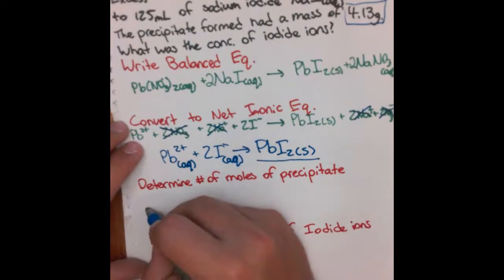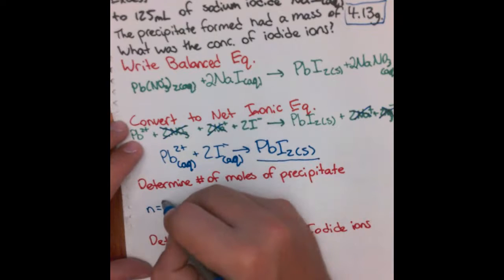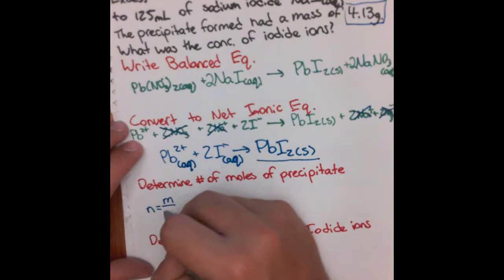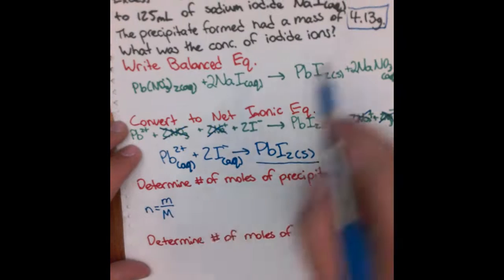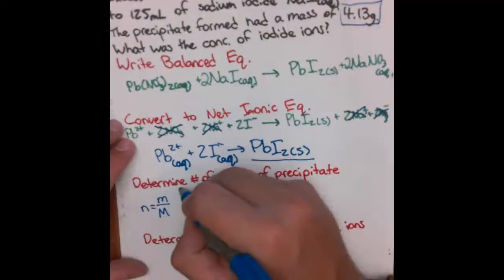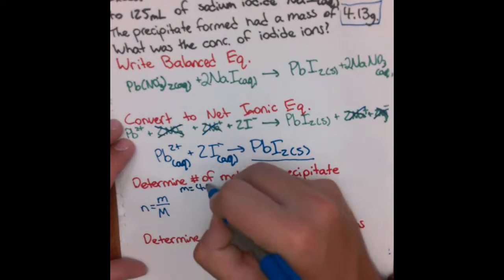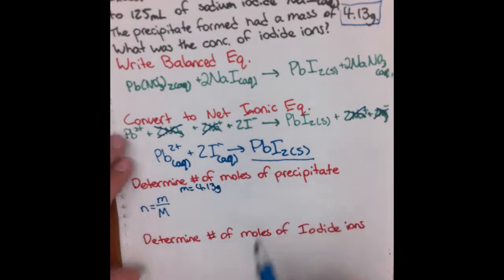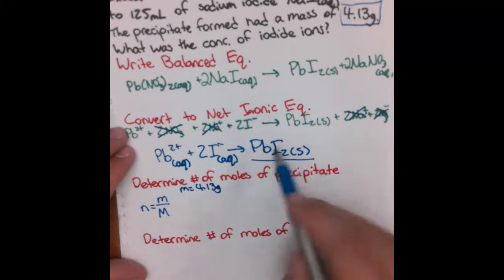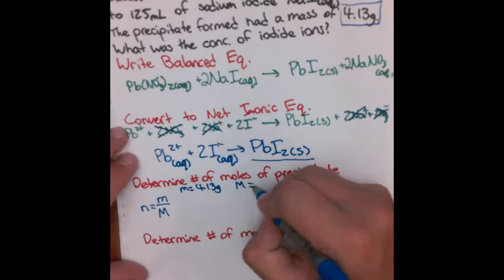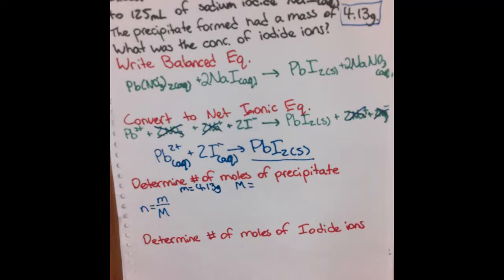So my number of moles is going to equal my mass over my molar mass. Right? Our mass was determined up here to be 4.13 grams. And if you look on the periodic table, your molar mass, or your big M, is going to equal 461 grams per mole.